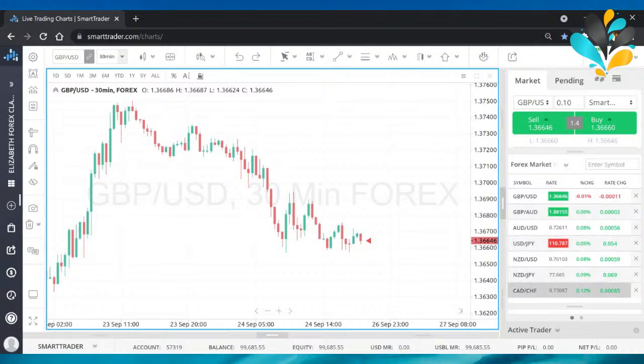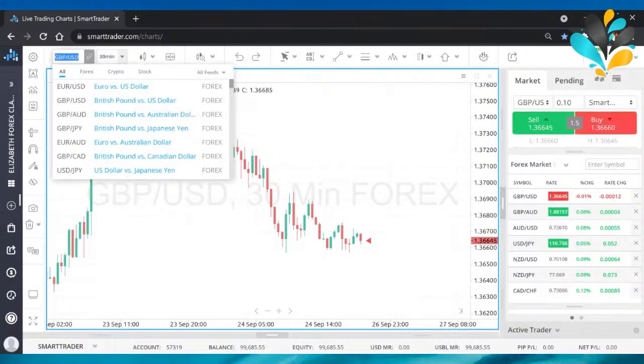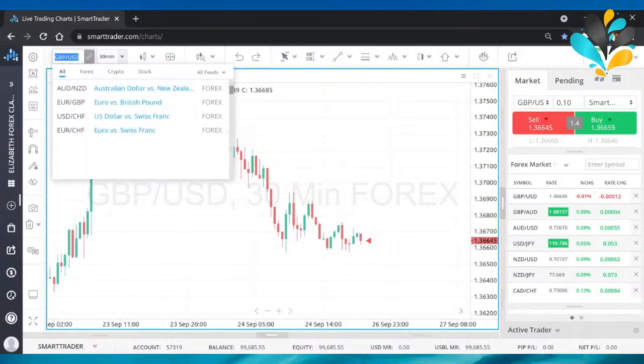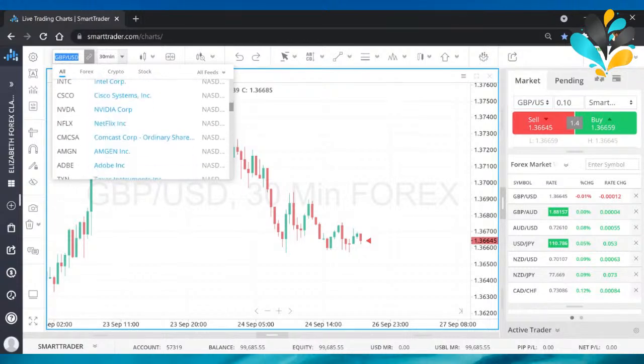You can switch between any of these, but if you want to select another pair that may not be there, the second option is to go directly where you see the currency pair showing up to the top left side of the screen. Once you click on it, then you will be able to choose any of the currency pairs that that broker will allow for you to access.